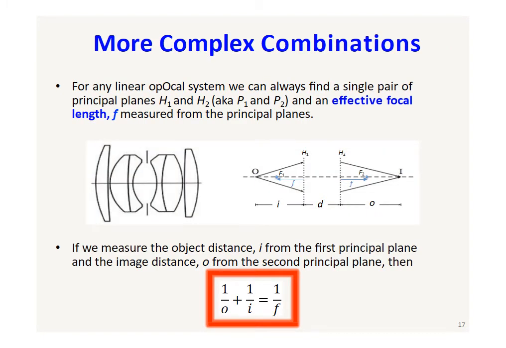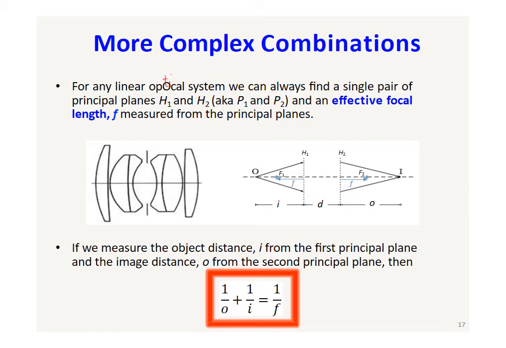Nevertheless, we can find a system of principal planes, H1 and H2, and we can find an effective focal length, no matter how complicated the system.